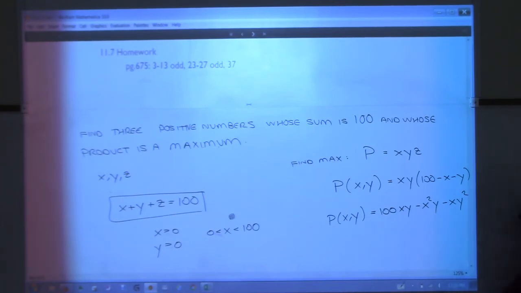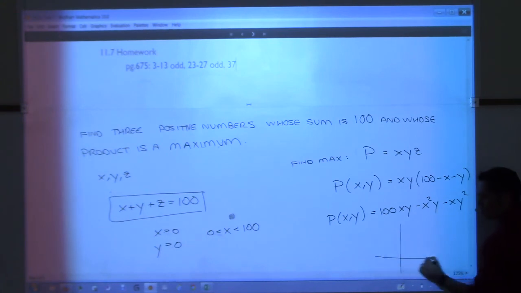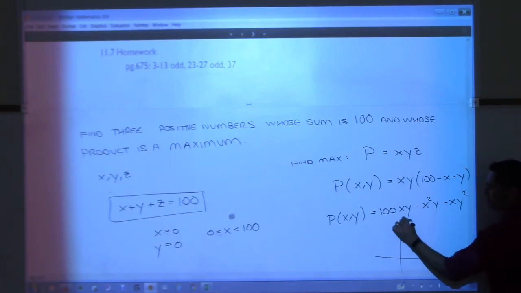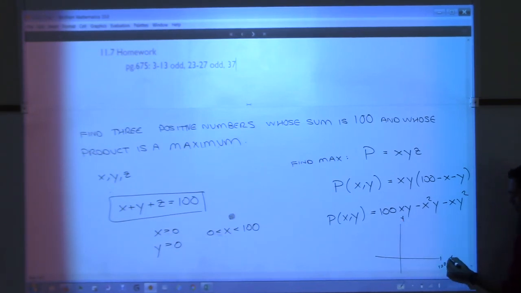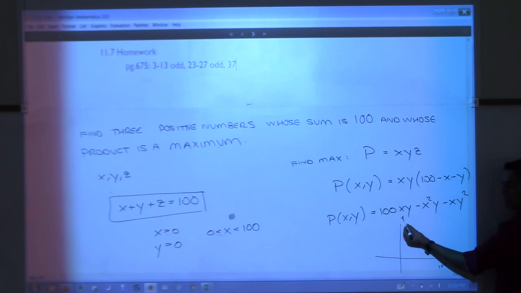See, when you draw your region, you're trying to figure out what your x and y's have to be, right? So look, here's 100, here's x, here's y, right? We know that if x is 100, y's got to be very small, right? And if x is very small, y's got to be very big. So if x is 50, we could have y be 50.